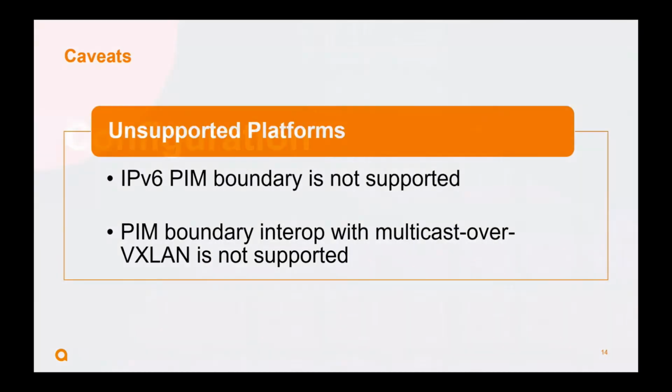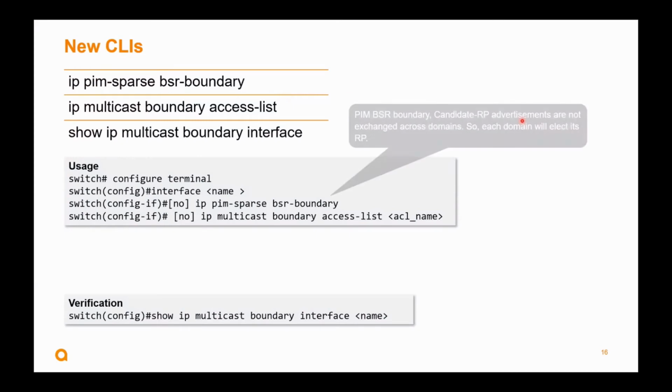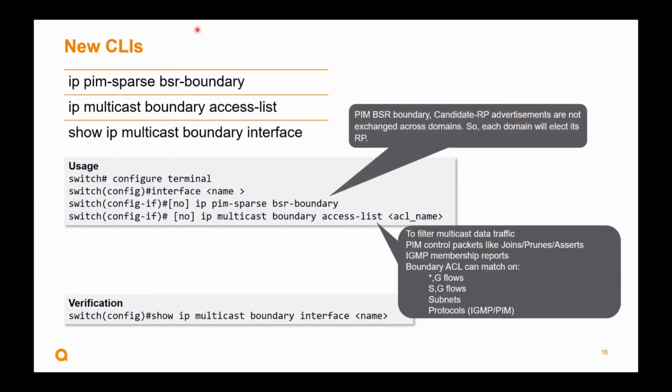Okay. All right, configuration. Looking at some of the new CLI commands. Now, you have your IP PIM sparse mode BSR boundary, the IP multicast boundary access list, and then the show IP multicast boundary interface. Just to make sure there's no confusion, under the interface on the edge boundary, the command IP PIM sparse BSR boundary, what is it doing?